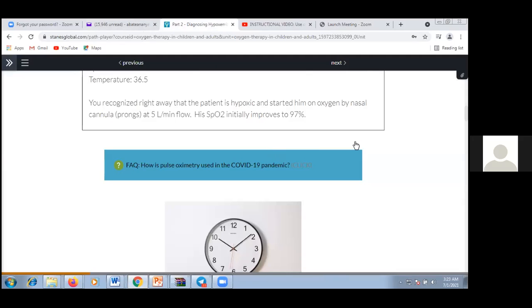Okay, I think the videos were very informative, and you have seen how pulse oximetry can be used in the COVID-19 pandemic. One thing is to diagnose hypoxemia. The other thing is, after diagnosing hypoxemia, what amount of oxygen with what delivery to be given is well discussed.